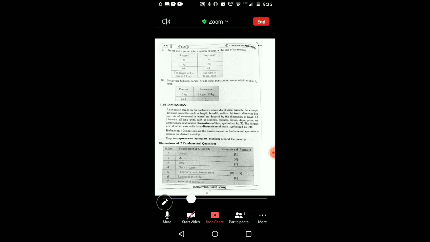It is very important. Dimensions are nothing but, see the definition of dimension. Dimensions are the power raised on fundamental quantities to express the derived quantity.